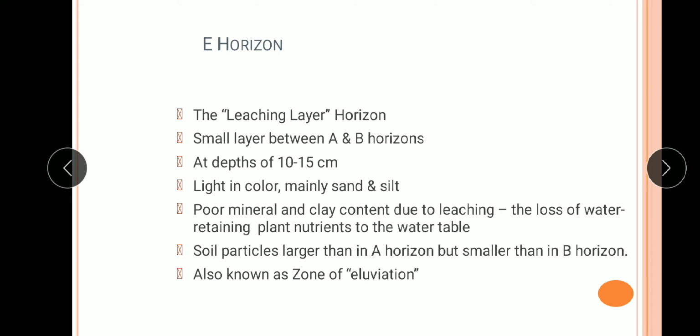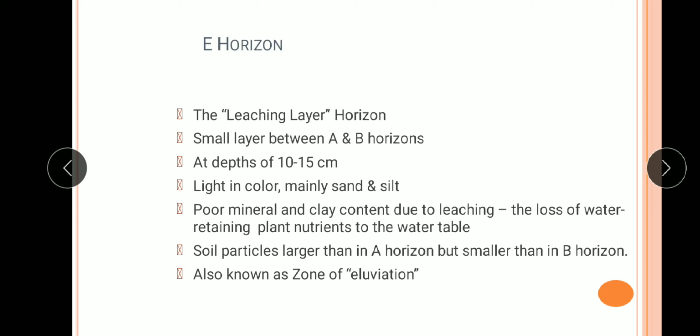Okay. Then the next one is the E horizon. The E horizon is the leaching layer. It is a small layer between the A and B horizons, at a depth of 10 to 15 centimeters. It is light in color, mainly sand and silt.